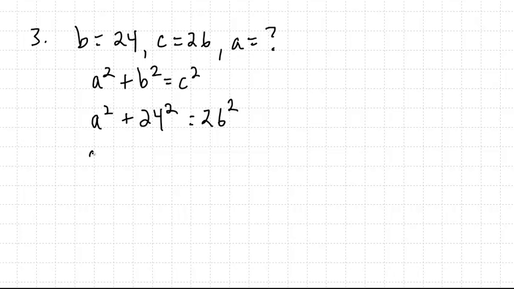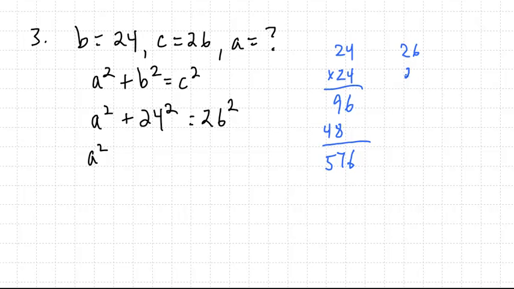Okay, so we're going to have to do a little bit of multiplication here on the side. 24 times 24, 4 times 4 is 16, carry the 1, so 96. 2 times 4 is 8, 2 times 2 is 4. So what we come up with is 576 for 24 times 24.